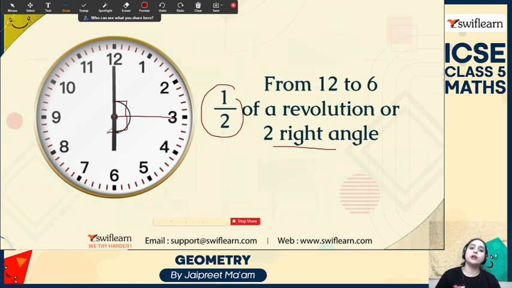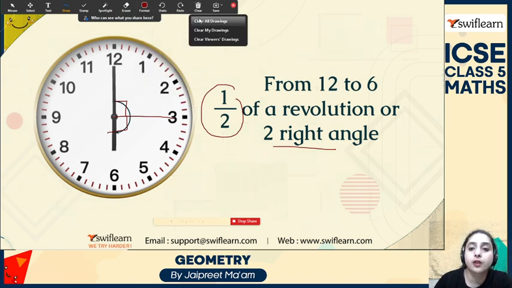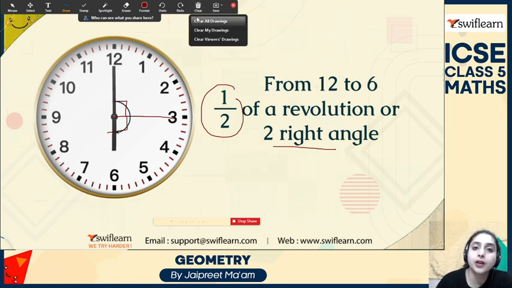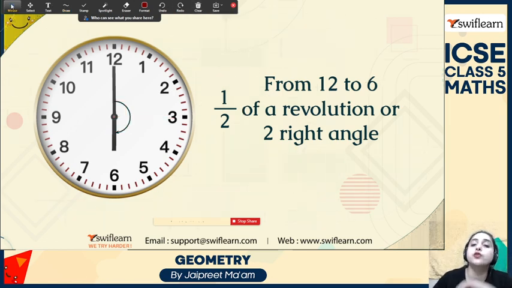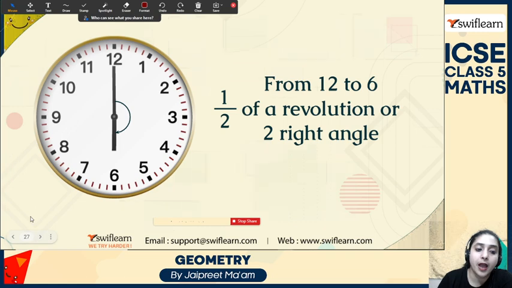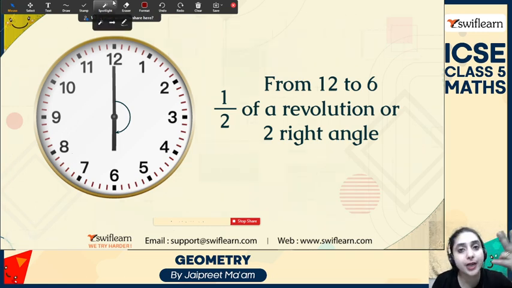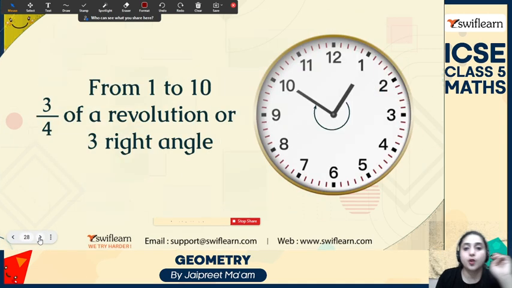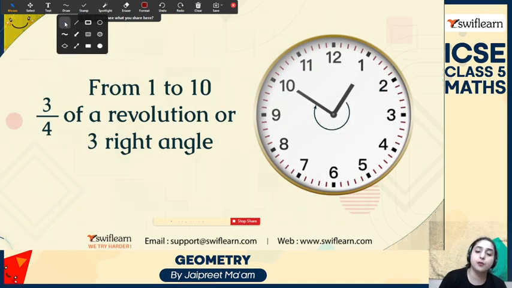So 2 right angles and one straight line form a half revolution. So in half revolution how many straight angles will there be? One, and how many right angles? 2. We are talking about half. And in a full complete revolution there will be 2 straight angles and 4 right angles. Got it? Okay.